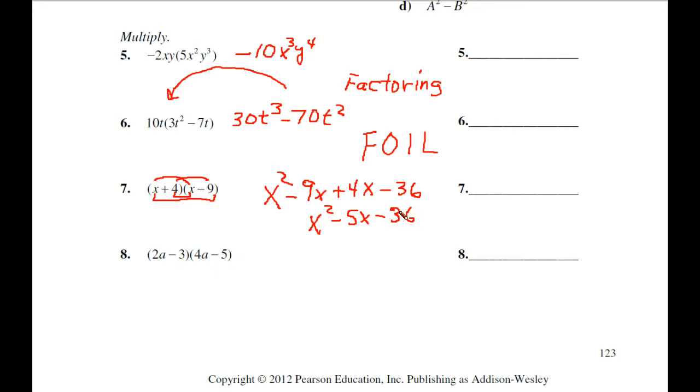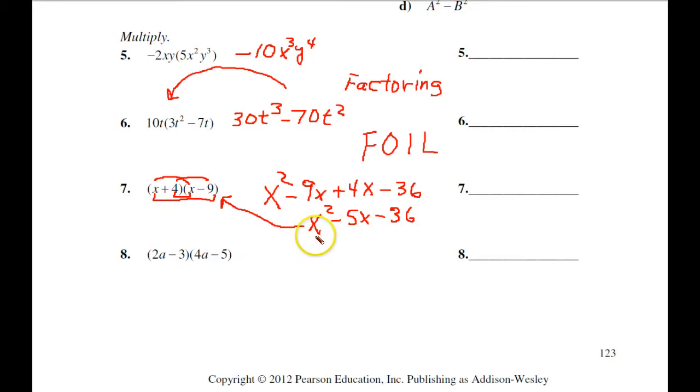Now another thing to note is that later we're going to take something like this, which is a trinomial, and factor it to its two sets of binomials. That is the opposite of multiplication. We're going to factor this trinomial.